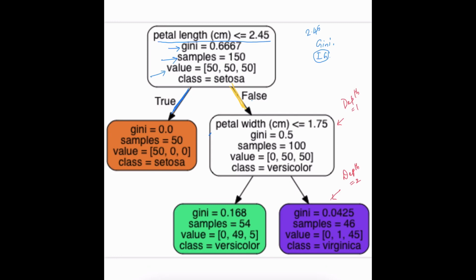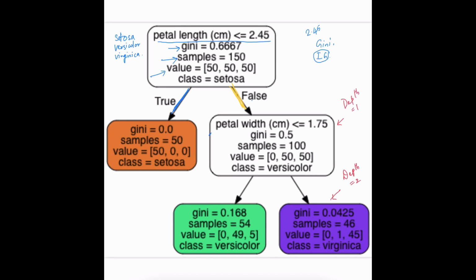So there are 3 classes in our data, and the first class value is Setosa, the second one is Versicolor, and the third one is Virginica.